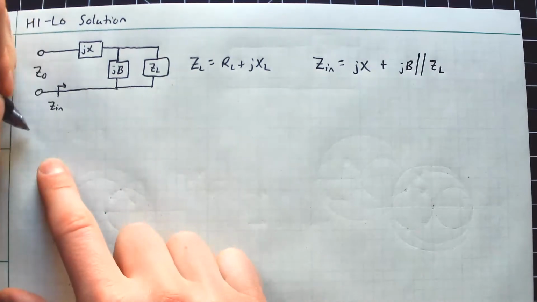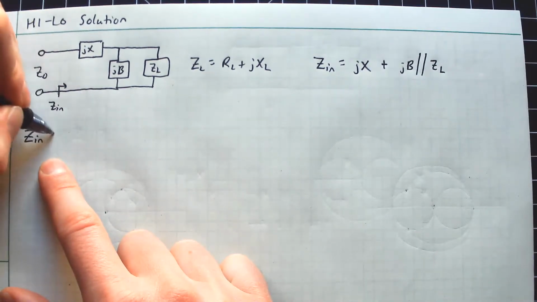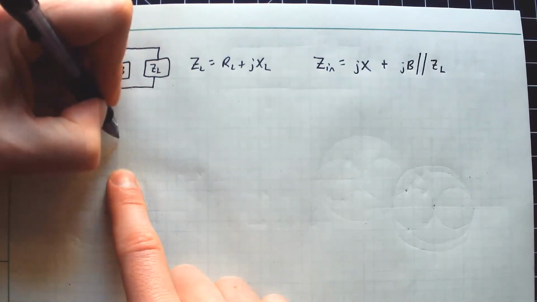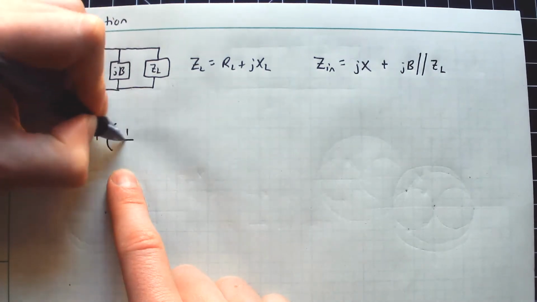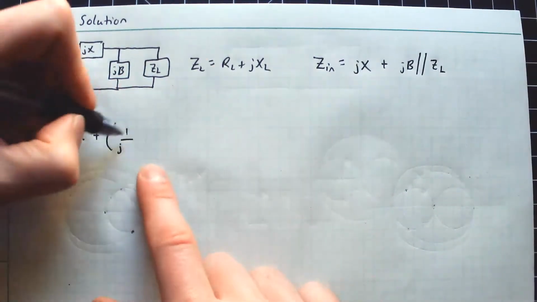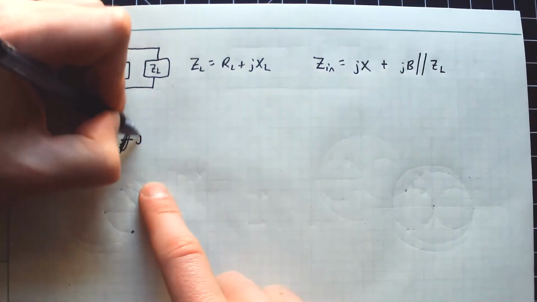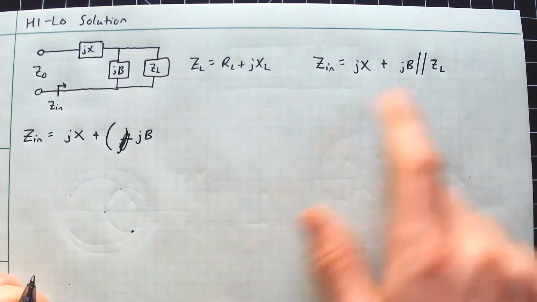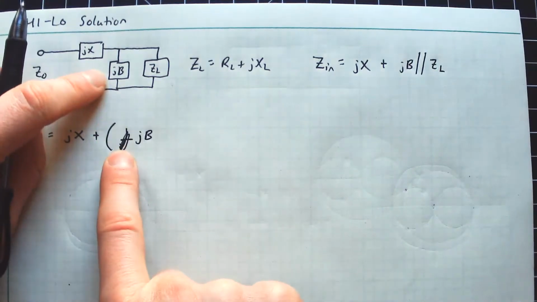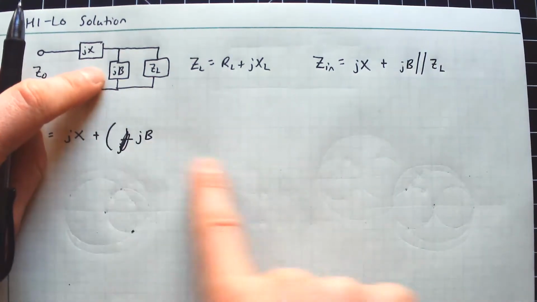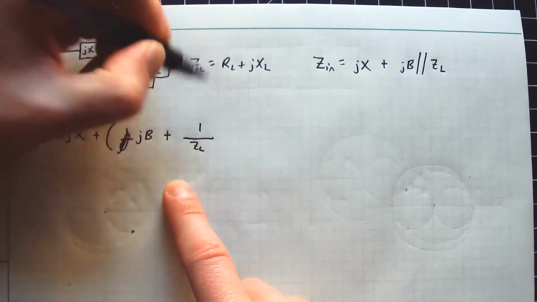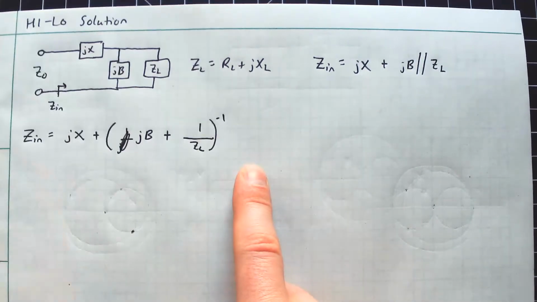Okay, so let's write that out algebraically. Z sub n is equal to jX plus 1 over, well, remember, this is an admittance here, so the 1 over is already happening. So I'm going to write jB like so. If this were an impedance, I'd have to do a 1 over, but since it's already an admittance, I'm just going to add it with plus 1 over Z sub L, and then take a 1 over there.